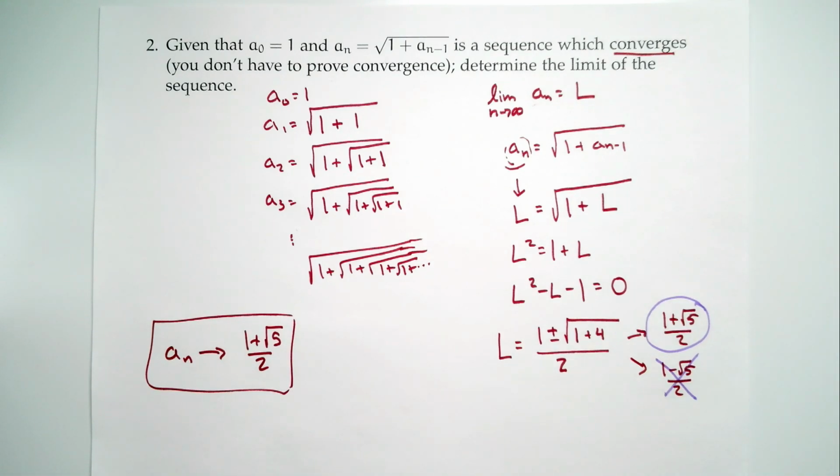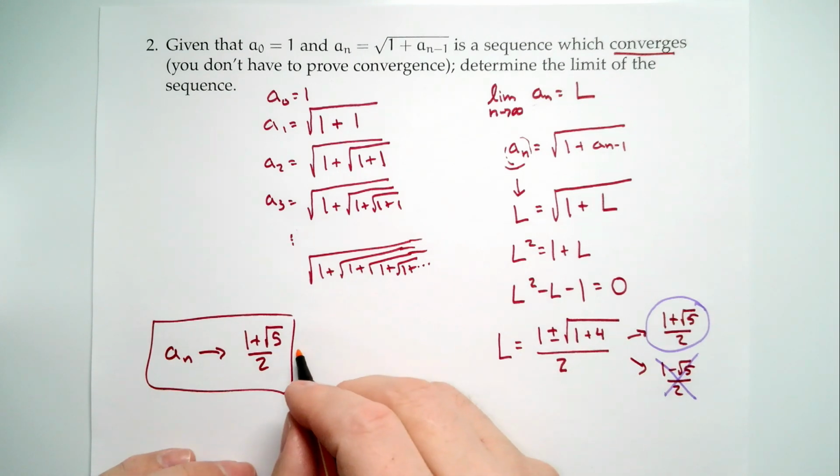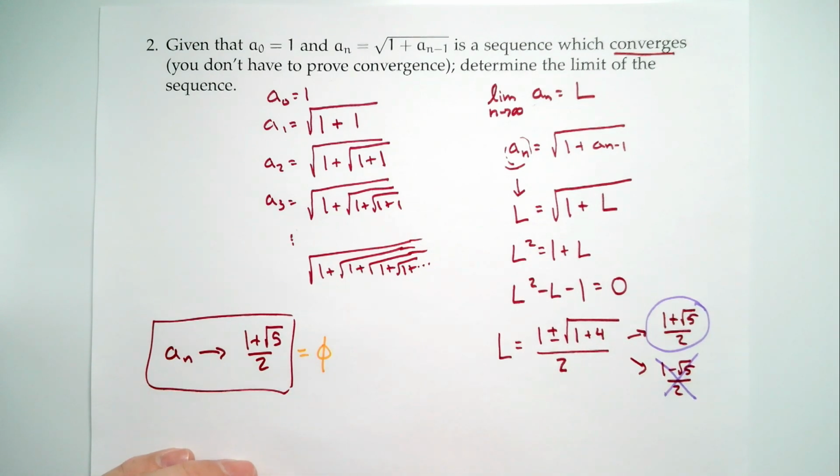Now, that's the answer. But let's pause for a second. 1 plus the square root of 5 over 2 is not just any number. In fact, it's a beautiful number. Have you ever heard of this number before or seen it somewhere? It has a name. It's called phi, or, depending upon how you pronounce things, phi. What is that?